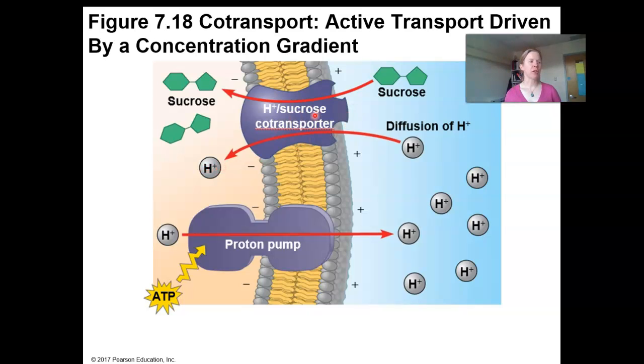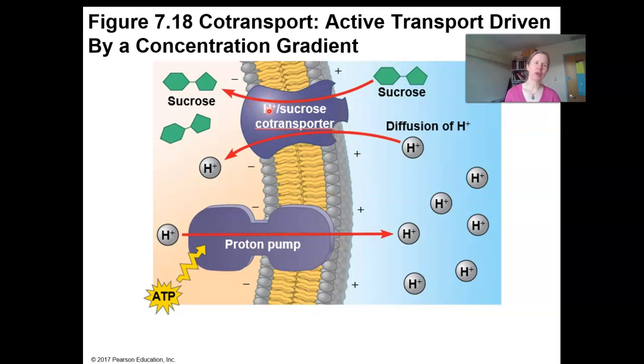And the way this cotransporter works is that as hydrogen is trying to move down its concentration gradient, it actually makes it so that sucrose can kind of sneak a ride through. Notice that sucrose is actually moving against its concentration gradient, but you don't see any ATP over here, right? So it's like hitching a ride for free inside of the cell.